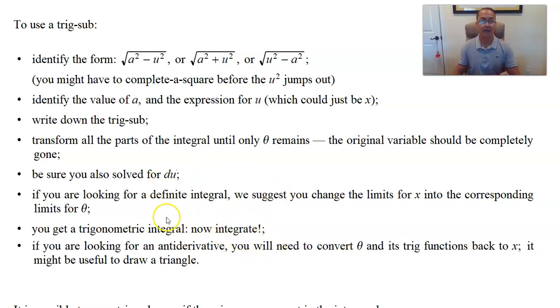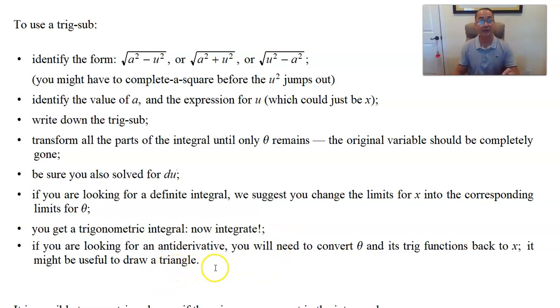Once you do all that, x is gone, u is gone, all you have is theta. And again, you will see sine theta, tangent theta, secant theta. Now you know how to integrate because in our last video, we learned how to attack those kinds of integrals. So if you're looking for a definite integral, you can now plug in the limits because you changed all the x limits into theta limits. Just plug in the upper limit and the lower limit and so on.